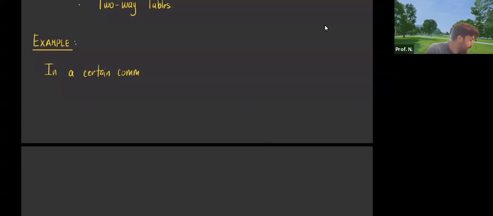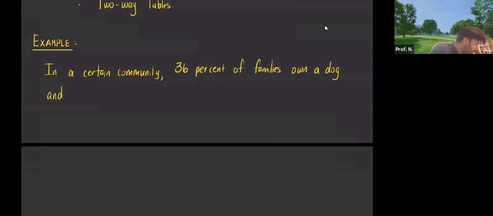Okay, in a certain community, 36% of families own a dog, and 22% of the families that own a dog also own a cat.